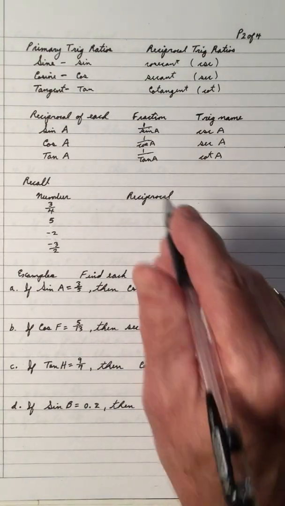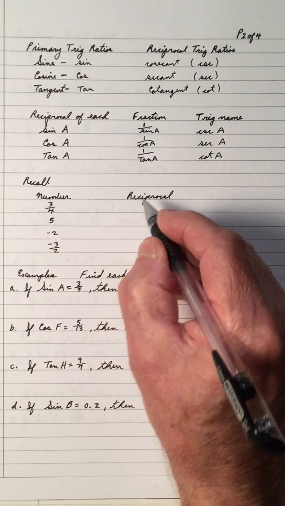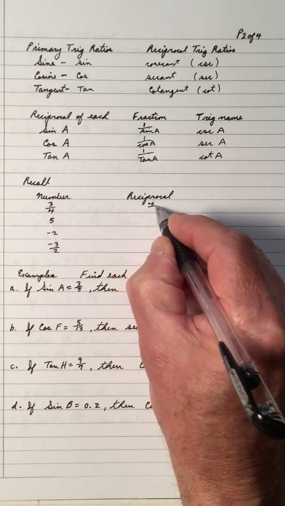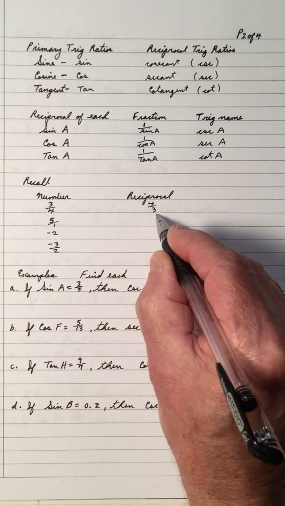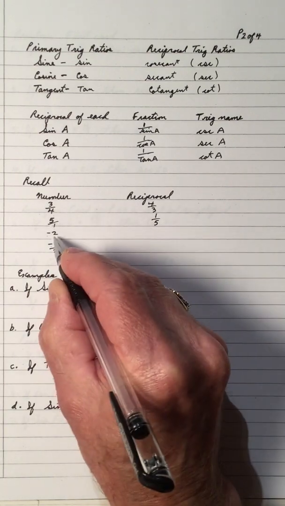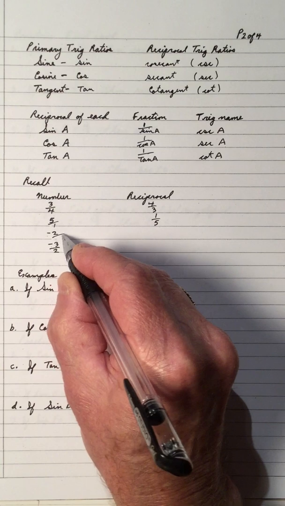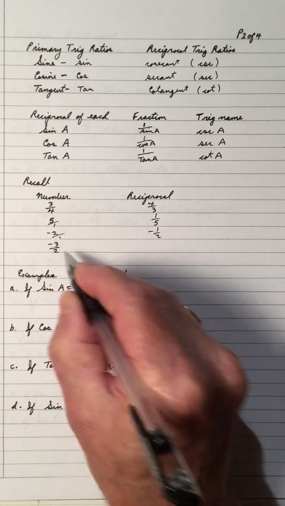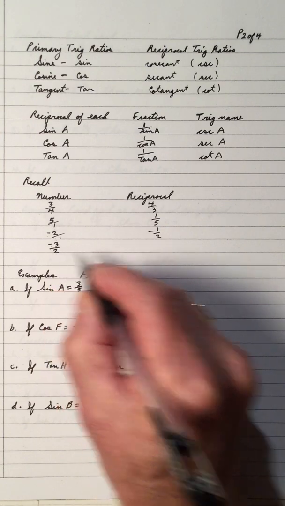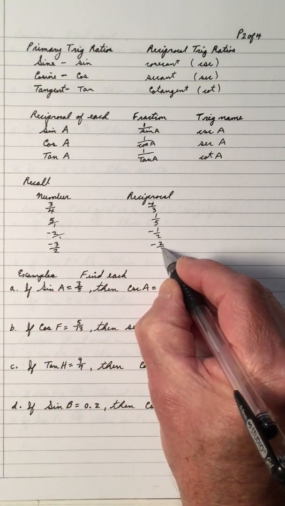And just to recall, if I have 3/4, the reciprocal is 4 over 3. The reciprocal of 5, which is 5 over 1, is 1 over 5. The reciprocal of -2, understood to be over 1, is -1/2. And the reciprocal of -3 over 2 is -2 over 3.